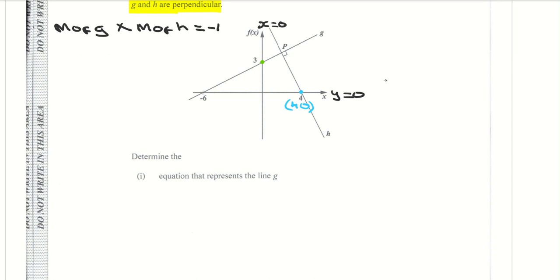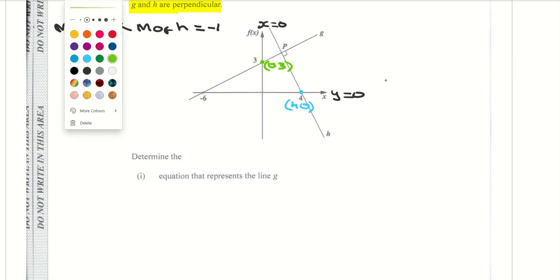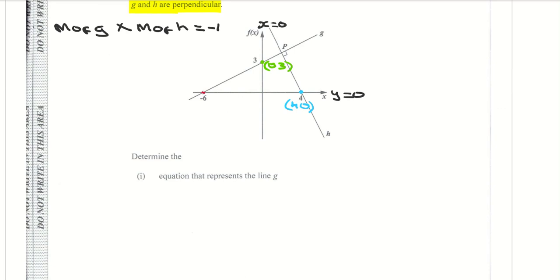So this would be 0, 3. That's the coordinate for this. And this one's similar to the blue point there. We know that if it is on your x-axis, y is equal to 0, so this coordinate right here would be -6, 0.